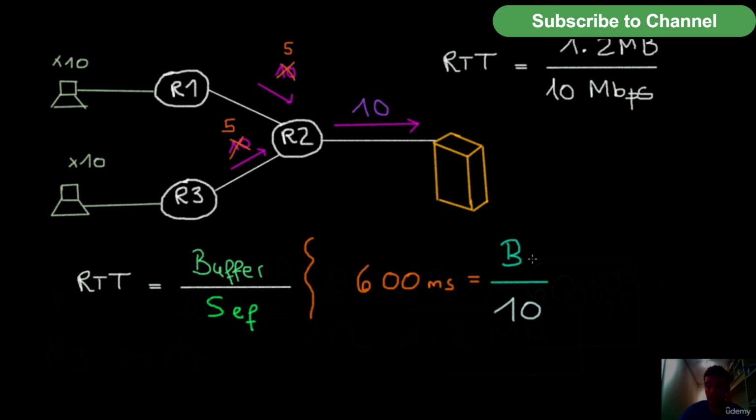So what is going to be the buffer size now? Remember that this value is in bits, so we have 10 megabits per second, and here I want to have the value in bytes. First of all, we need to transform these megabits per second to bytes per second.